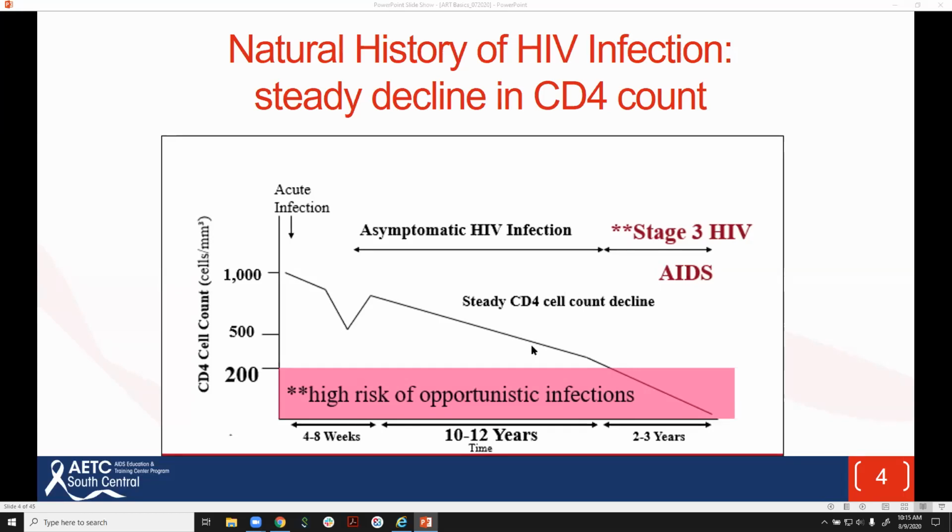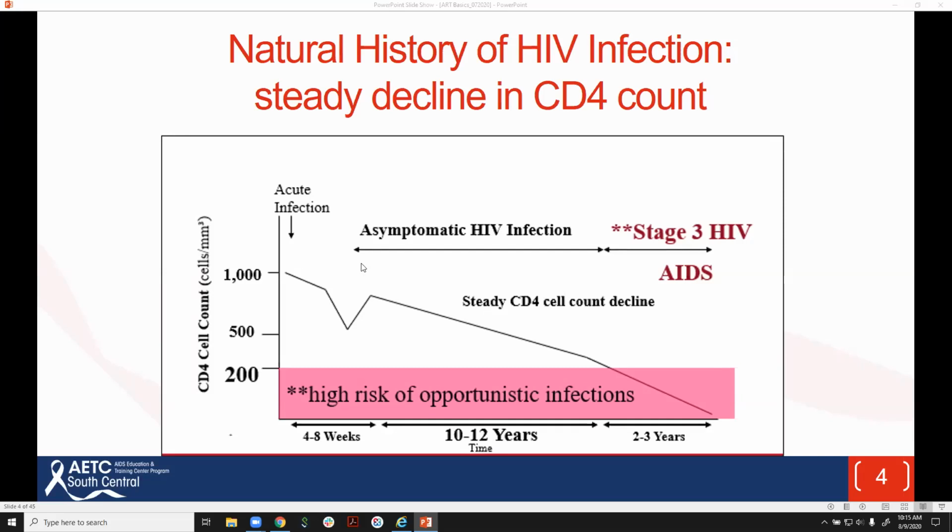An average 10 to 12 years after infection, someone with HIV infection will move on to stage 3 HIV, which is a CD4 count less than 200 or 14%. And at that time period, they're at higher risk for opportunistic infections. And of course, we'd love to avoid that whenever possible.